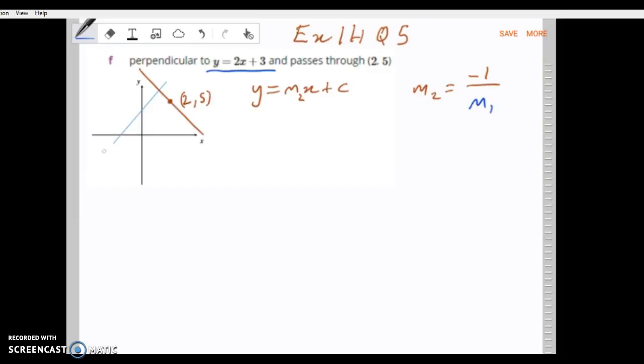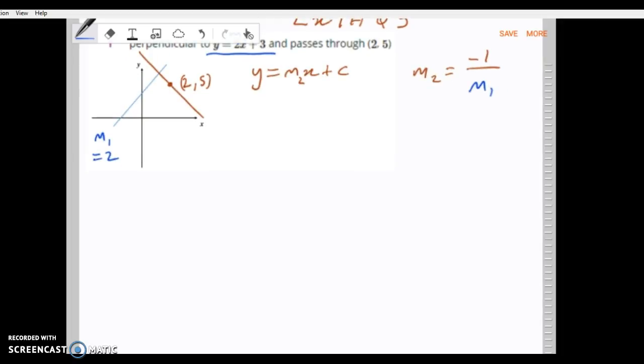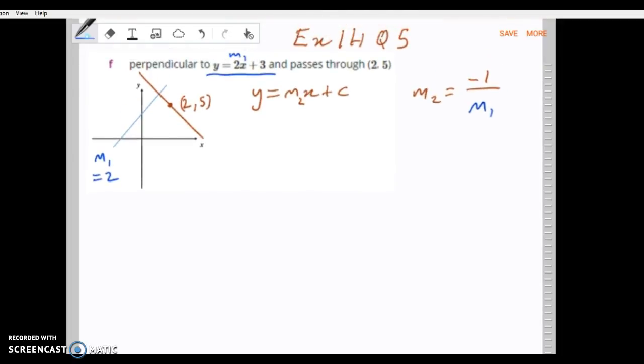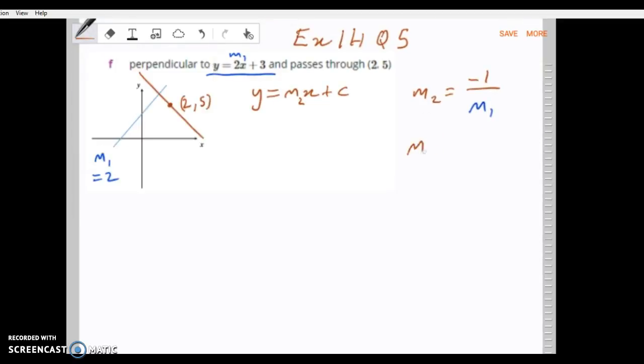And I'll do this one in blue, because that's the gradient of the blue line we're talking about there. So this has a gradient of, we'll call it M1, and we know that from this equation that M1 is equal to 2. So we can calculate the gradient of our line using this little equation here. So M2 is equal to -1 divided by the gradient of the blue line, 2, which is -1/2.